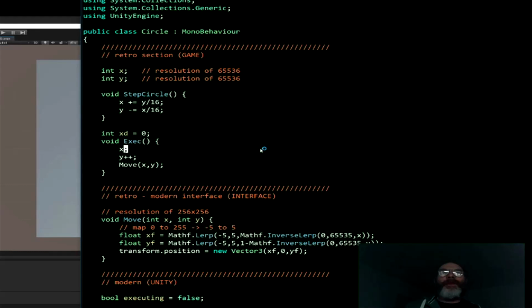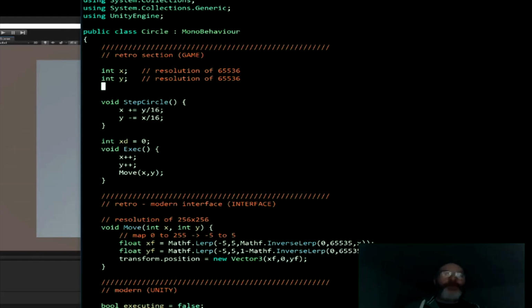So I'm using 8.8 fixed point here, and it does mean if I want to move this at the speed that I had before, then I need to be a little bit careful because my velocity is wrong. It's very low, isn't it?